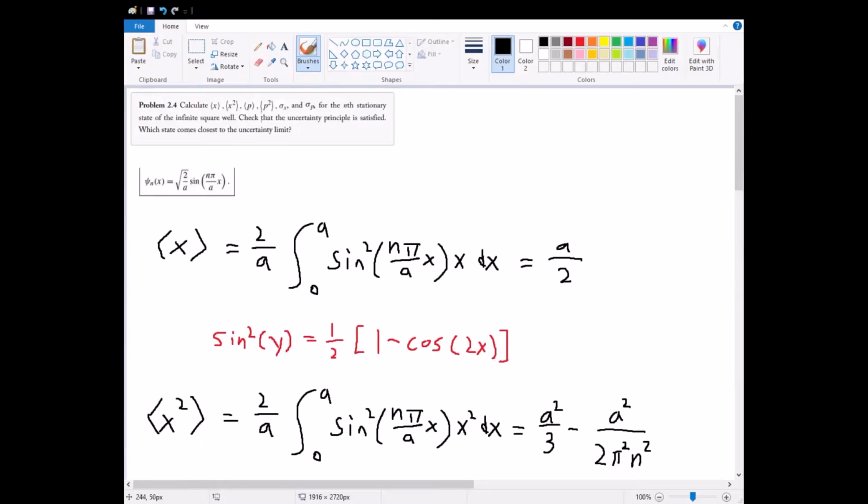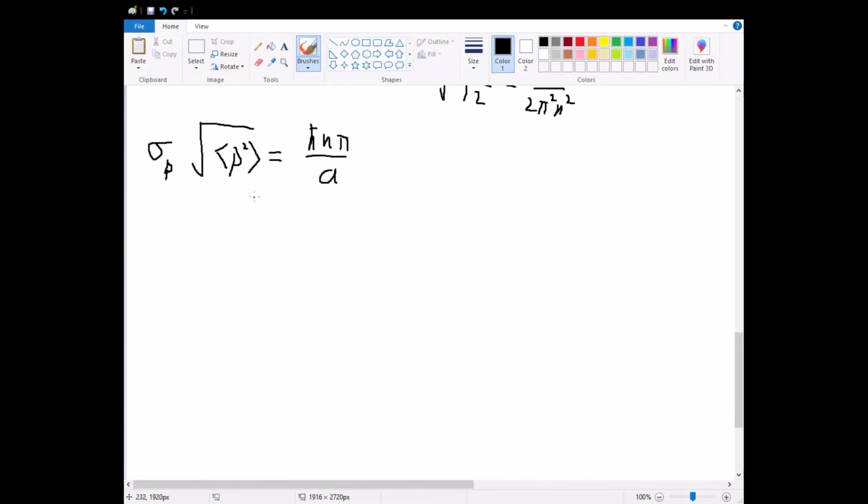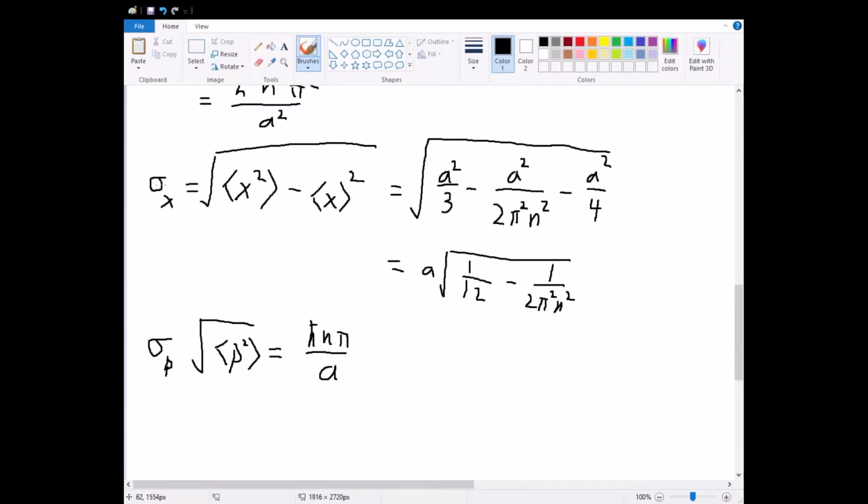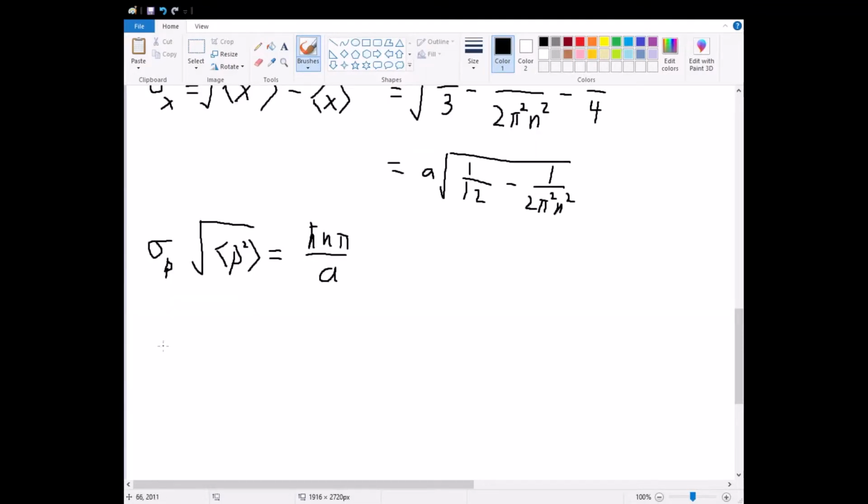Next, we want to check that the uncertainty principle is satisfied, and then we want to check which state comes closest to our uncertainty limit. So the uncertainty principle is just the idea that the product of the standard deviation of x and p has to be greater than or equal to h bar over 2. So let's start by just doing this multiplication.